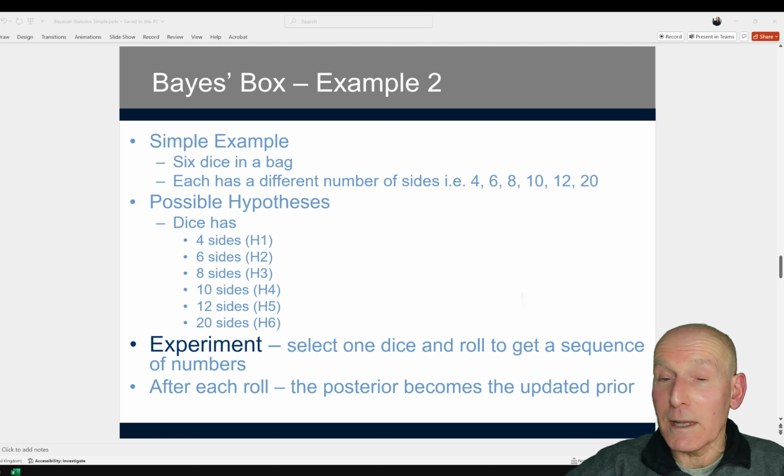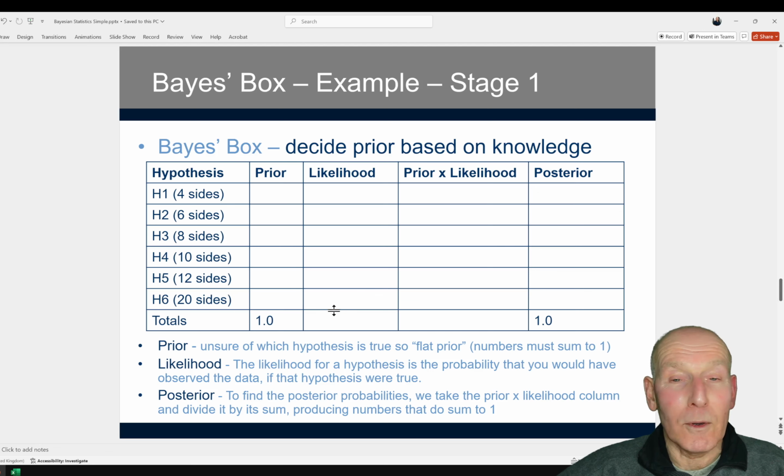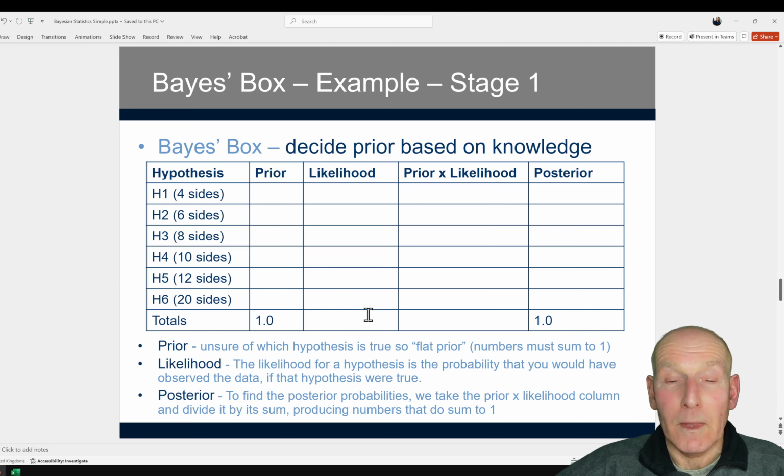So I'm going to select at random one of those dice and run the experiment. Now, how are we going to run this experiment? Well, we're going to use what we call a Bayes box, and this basically simulates the process. So we've got our hypotheses here. Now we've got essentially 6 hypotheses based on which particular dice we've got.